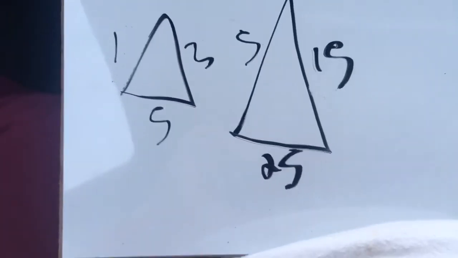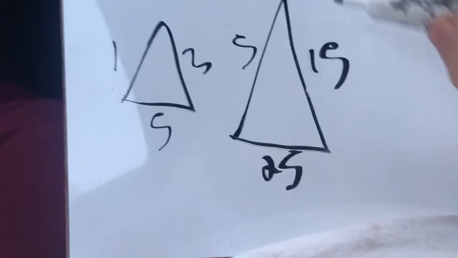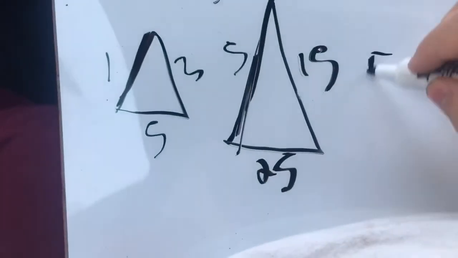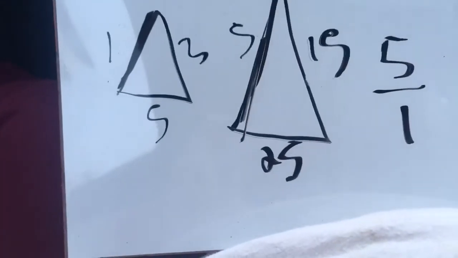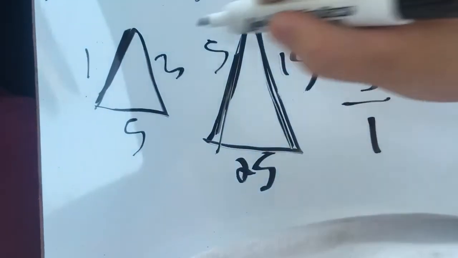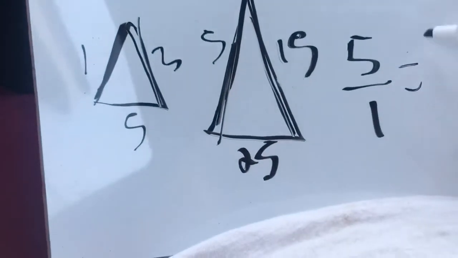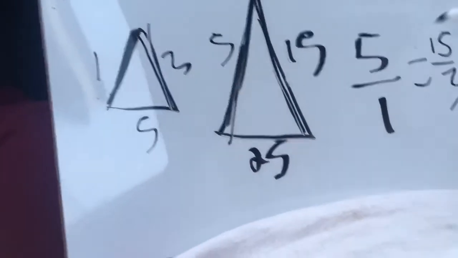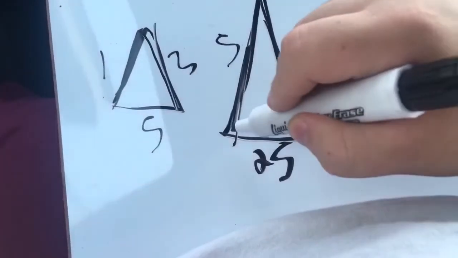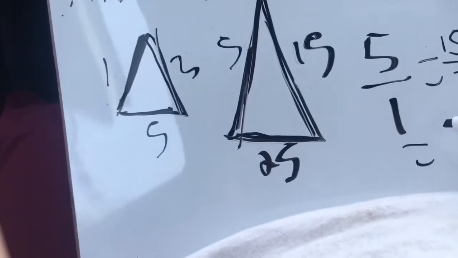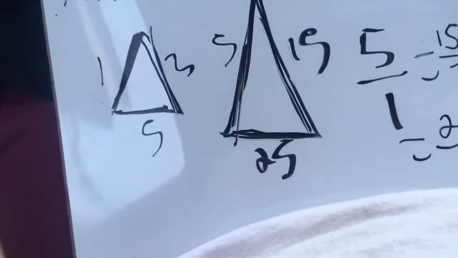So the side similarity postulate says that the ratio between this side and this side, 5/1, is equal to the ratio between this side and this side, 15/3, and that these two ratios are equal to the ratio between this side and this side, 25/5.